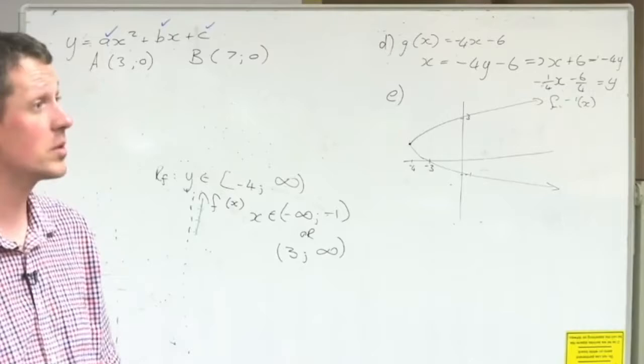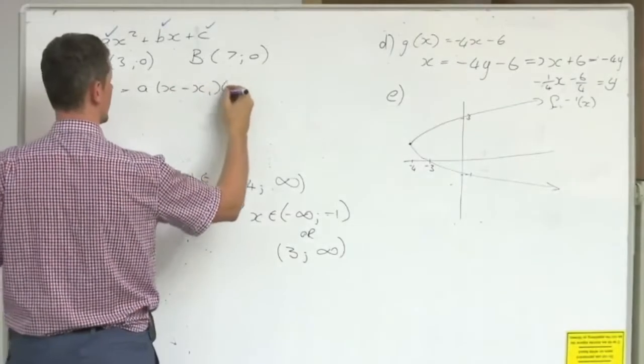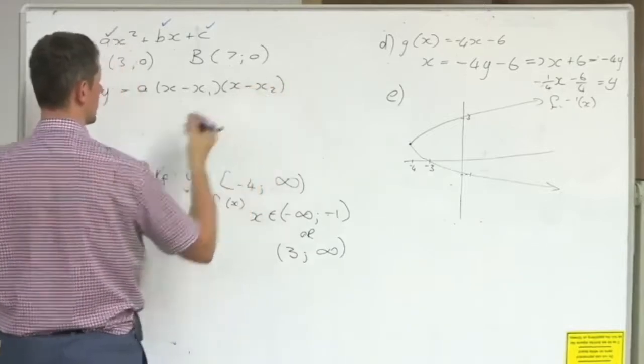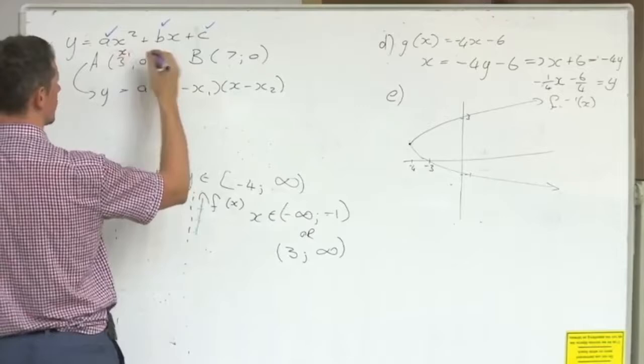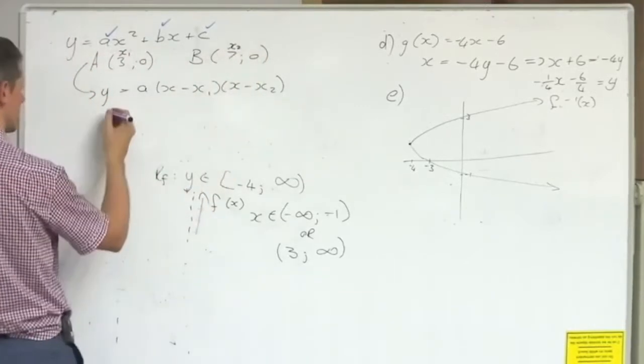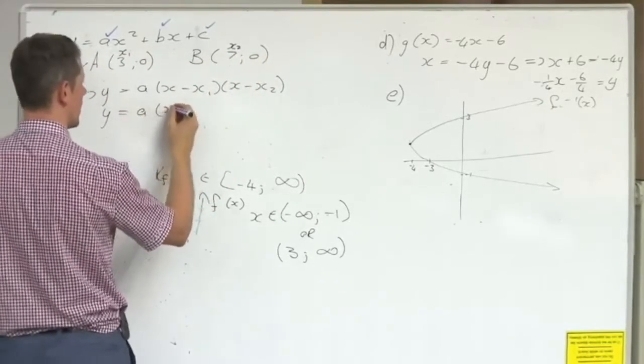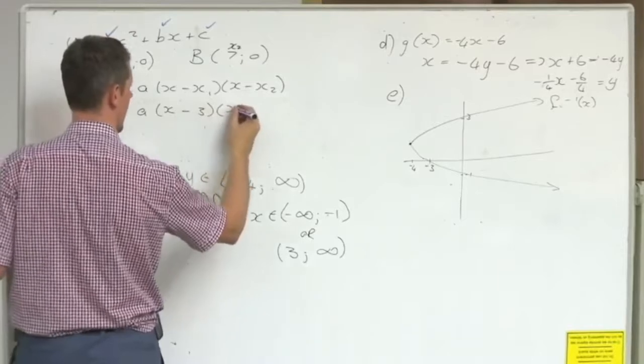Because those are the x-intercepts. So if I narrow it down to one of those 3, I'm going to go automatically to the formula y equals a(x minus x1)(x minus x2), where that is x1 and that is x2. So now it's (x minus 3)(x minus 7).